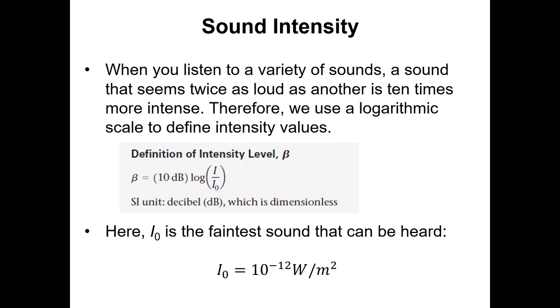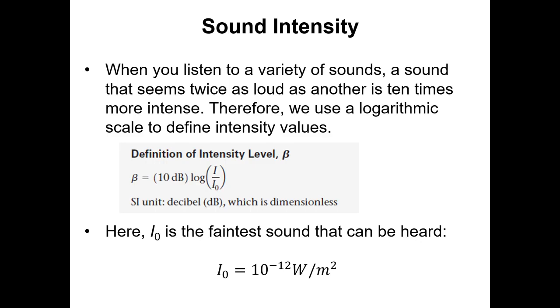I will review some of the properties of logs also. I0 is taken to be the faintest sound that's detectable to the human ear. It's an experimental thing that you can do, and people came up with a measured value of I0 to be 10 to the minus 12 watts per square meter. So an intensity of 10 to the minus 12 watts per square meter is the least intensity that we can hear. I'll show you a chart in a moment.